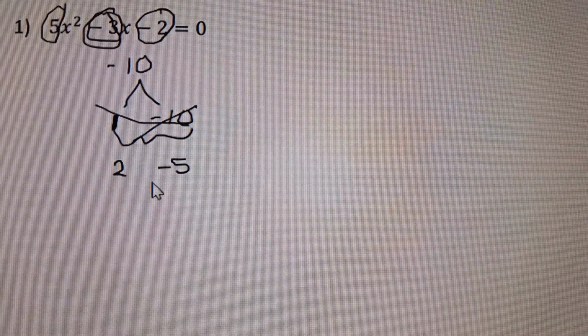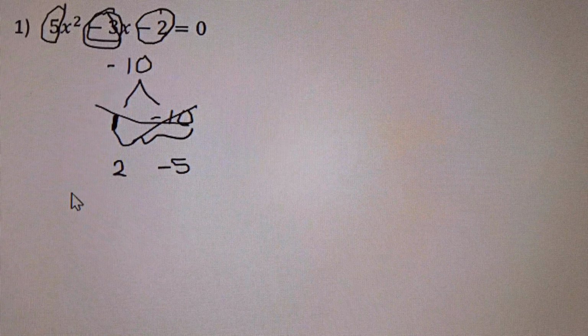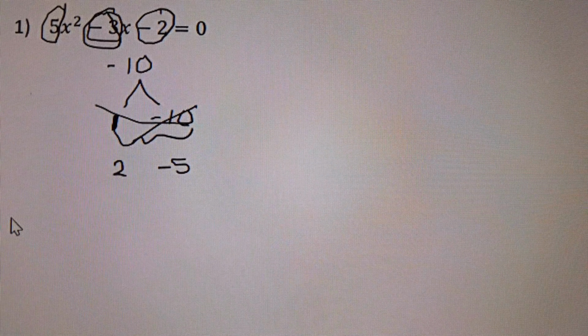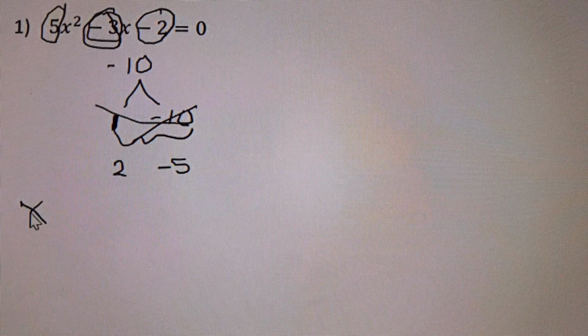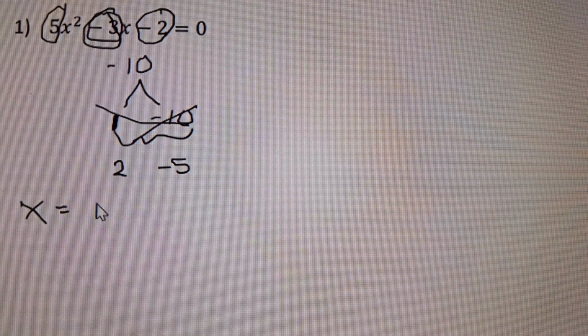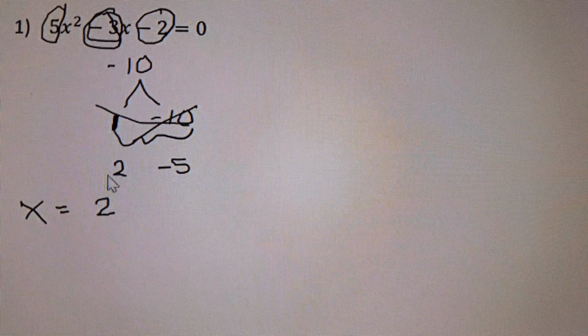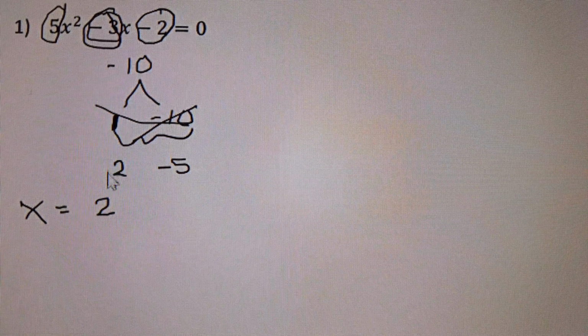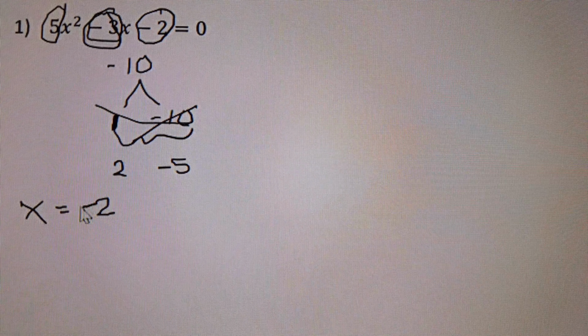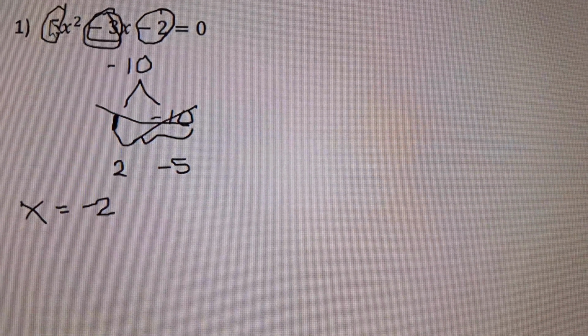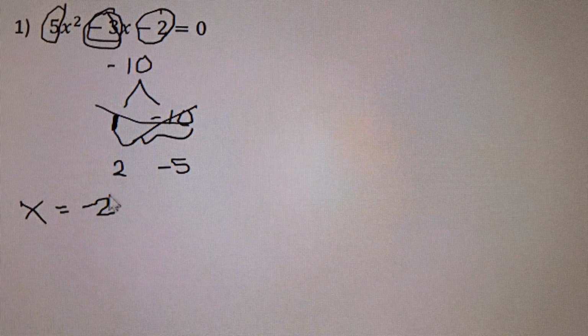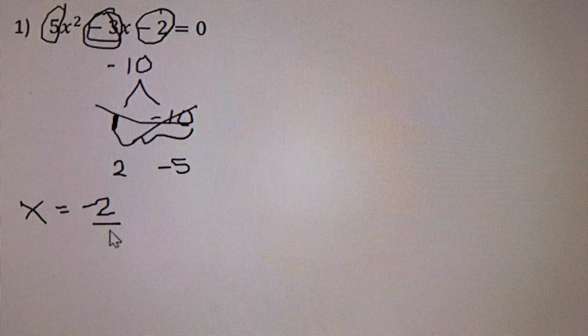Those are the two factors that we're going to use in our solution. So our solution is then x is equal to, you write 2, but then you need to write the opposite sign. If it is positive here, that's going to be minus here. And you need to divide by the leading coefficient. So one solution is minus 2 over 5.